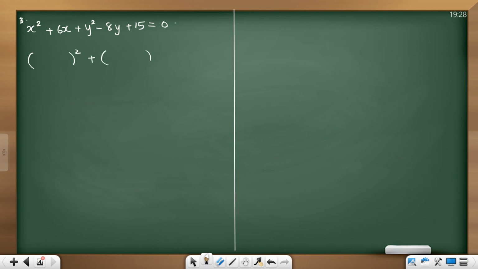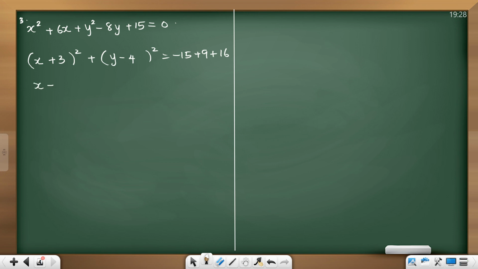Squared, negative 15. So what do I have? x plus 3. Sorry, y. Okay, quickly. Can I add my 9? y minus 4. 16.